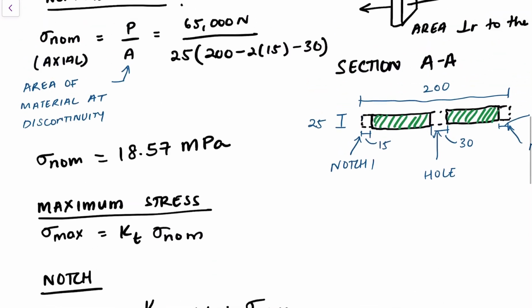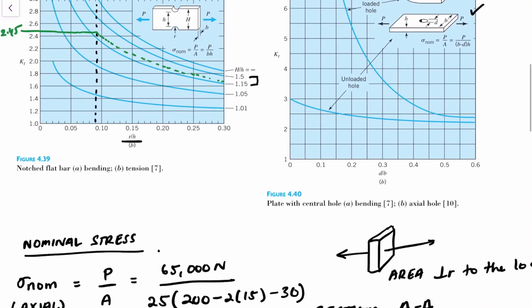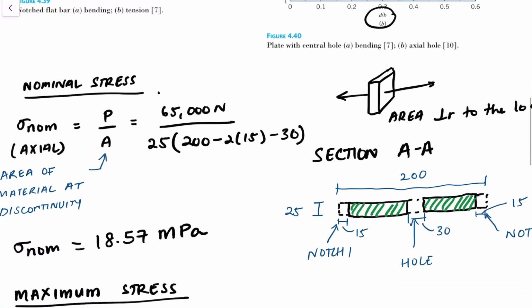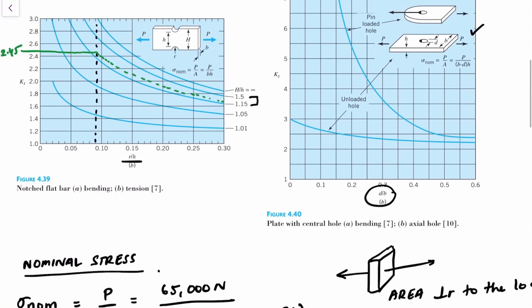And let's look at the plot and see what values we need. So this is a simple plot. We only need to calculate d over b, which is the ratio of the diameter of the hole and the full width of the beam. So that's all we need.